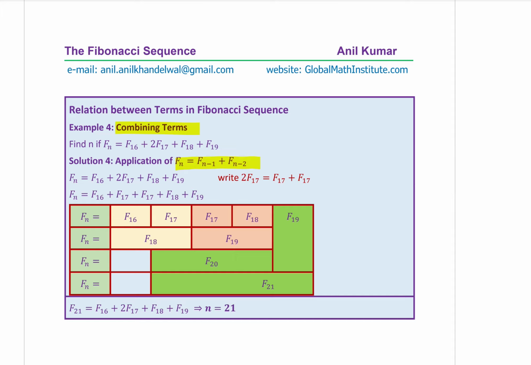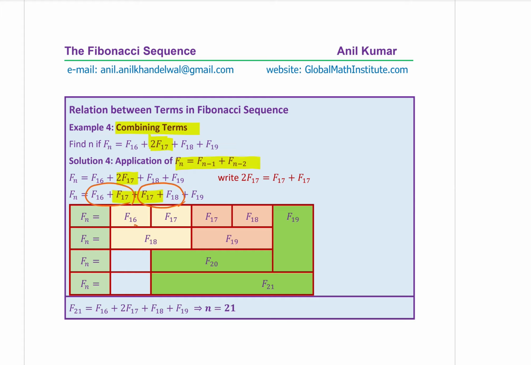Now the strategy here is that 2 f17 can be broken down and written as f17 and f17, right? And now we can combine the terms and then simplify. So I made this table for you to understand how this combination is taking place. So these two numbers right there, f16 and f17, are combined, and then we are also combining f17 and f18, right?